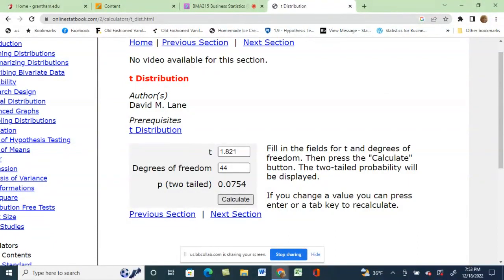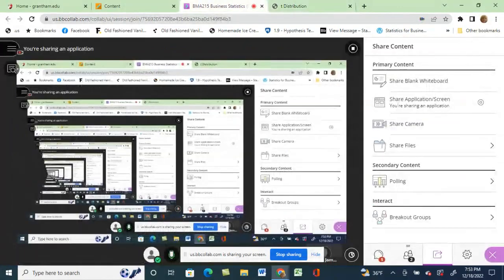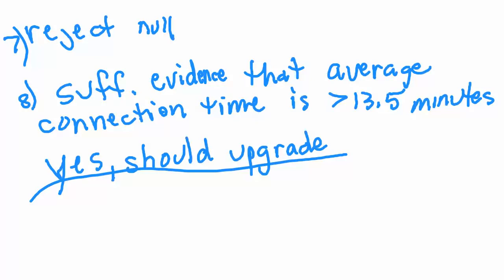So that's why when you go back, oh, where did I get the degrees of freedom? N-1 degrees of freedom. It's just like with the confidence interval, same thing. Degree of freedom is N-1.